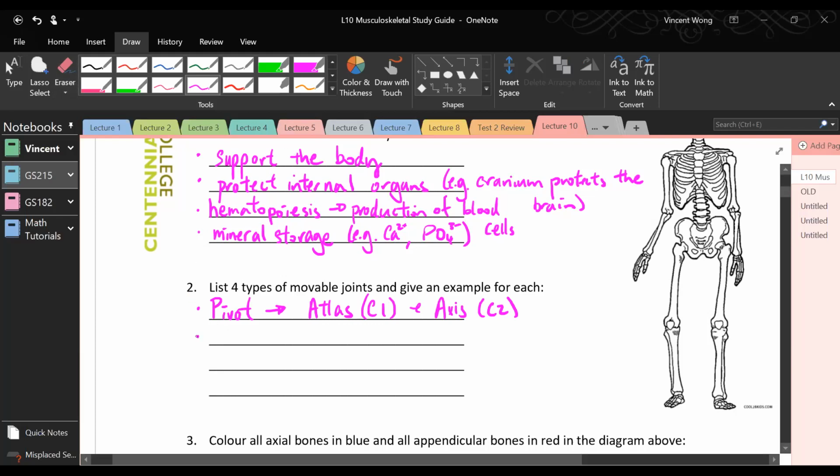Another example of movable joints would be hinge joint, kind of like a door hinge, right? So an example of that would be the elbow and the knee. That's a hinge joint, that's a hinge joint.